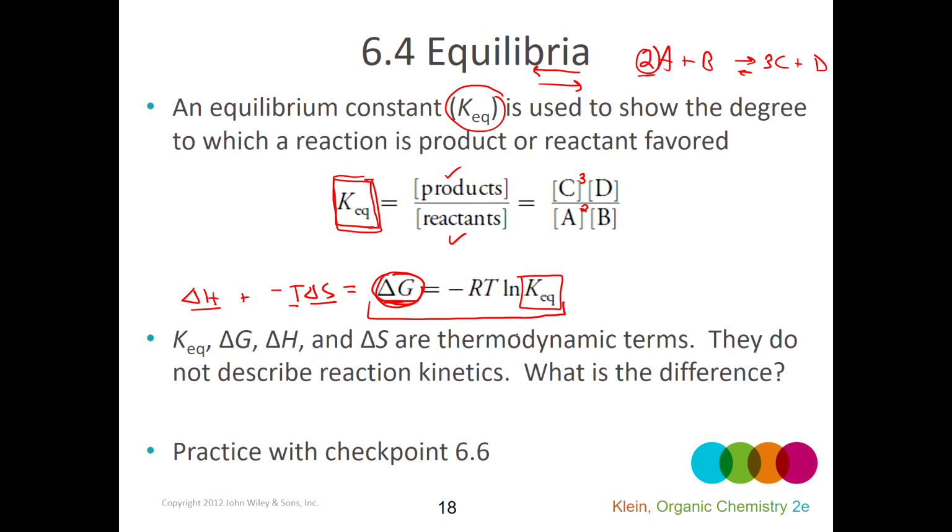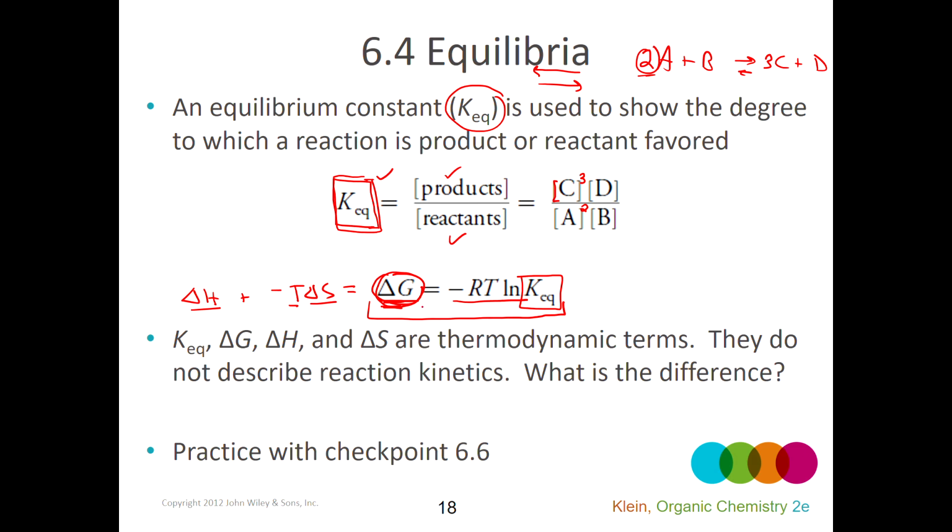Alternatively, if I can measure the equilibrium constant by figuring out how many moles per liter, these brackets mean moles per liter or molarity, of products and reactants there are, and plug that all in, I can get the equilibrium constant. And then I can do the math here and figure out the sign and value for delta G. So you should be able to work with these equations just like we did in Gen Chem 2.